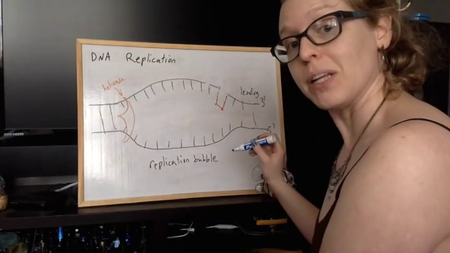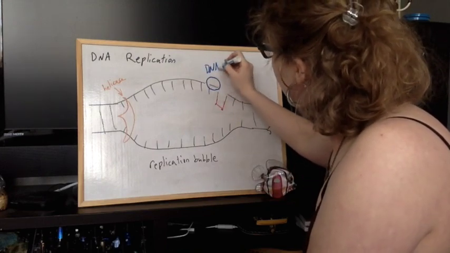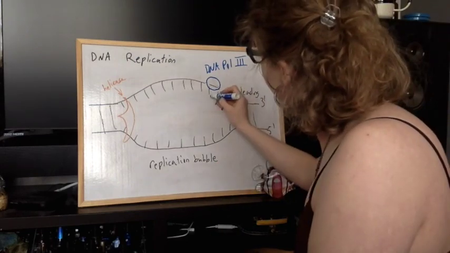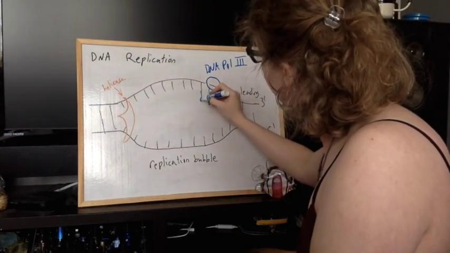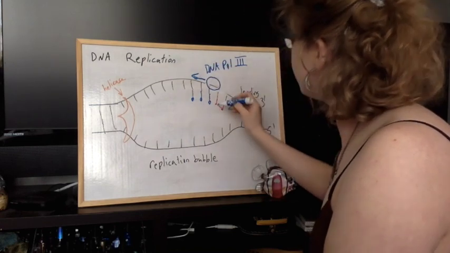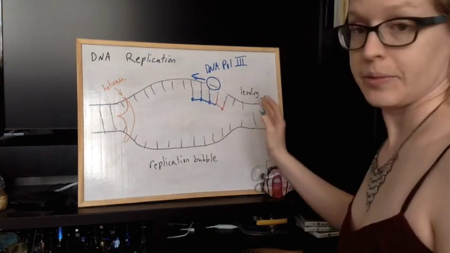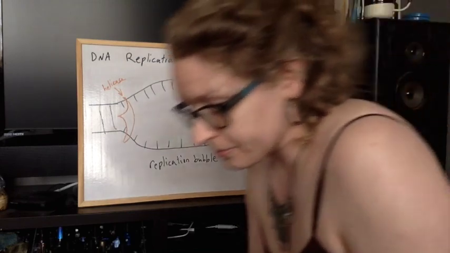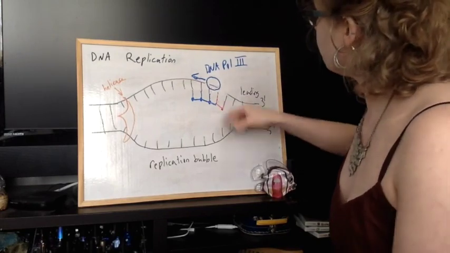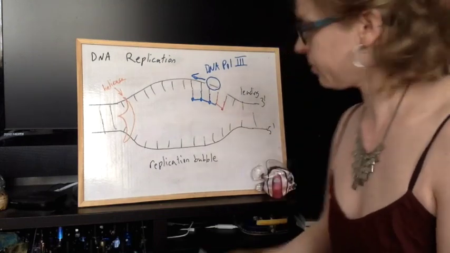Then DNA polymerase 3 attaches. DNA polymerase 3 comes in and it puts DNA this way as it advances and strings them together, like that. And then as it goes, DNA polymerase 1 comes in.